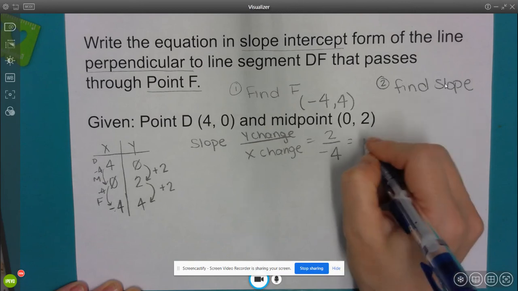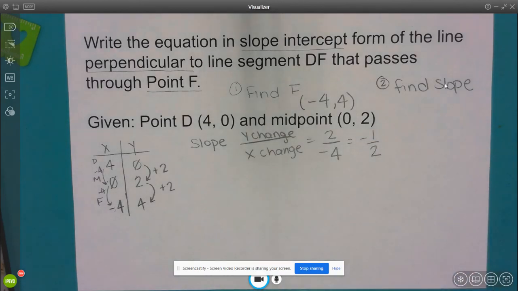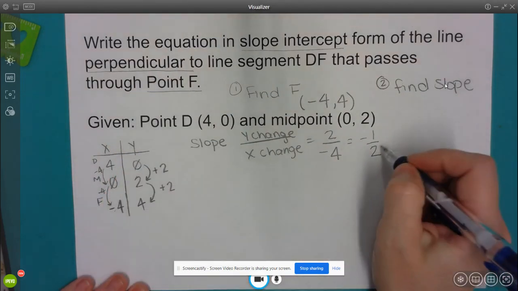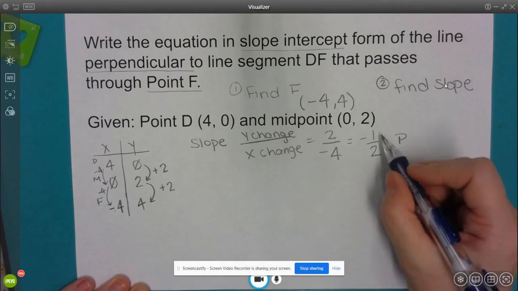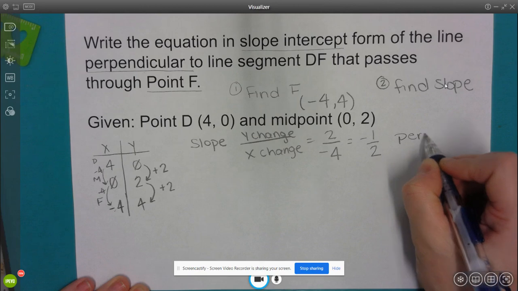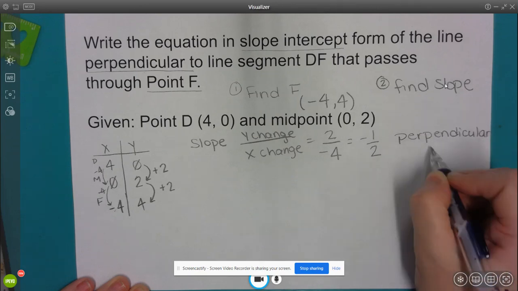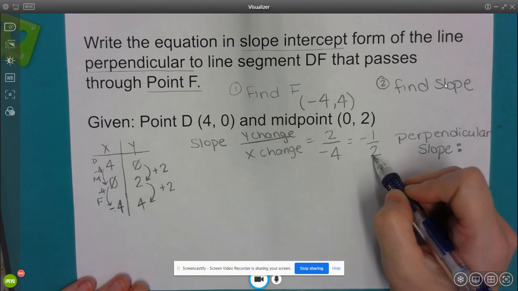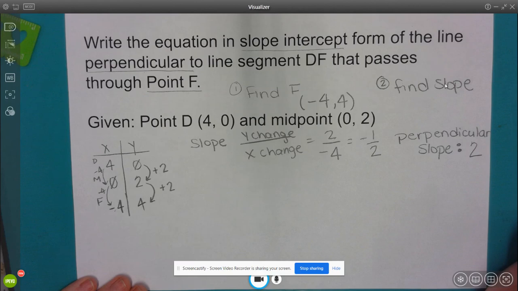So this is -1/2. Now I need to be perpendicular, which means I have to do the opposite reciprocal. I need to flip the fraction and change the sign. Well, if I flip the fraction, it will be 2 over 1, which is really just 2. And it'll have a positive sign, so it'll be 2.